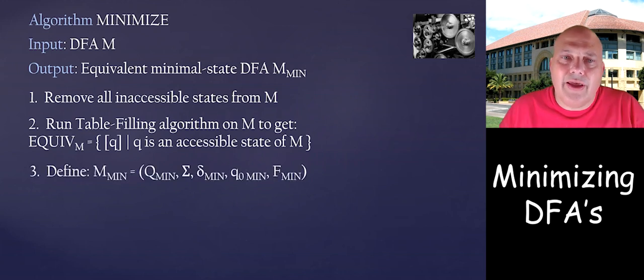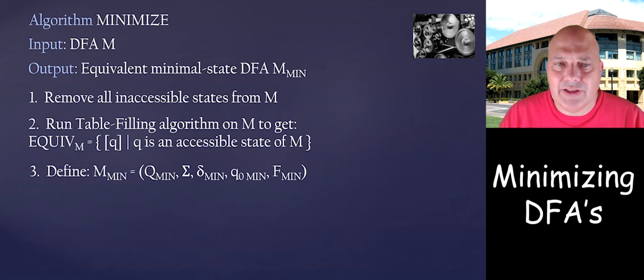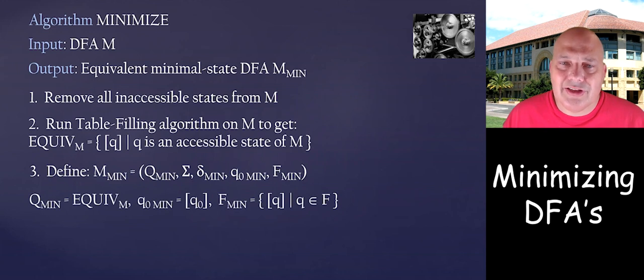So we define M min by the family of states Q min, the same alphabet sigma, transition function delta min, Q0 min is the start state, and F min is the set of final states. All of these are defined exactly the way we expect. Q min is just the equivalence classes of M. Q0 min, the start state, is the equivalence class of the original start state.